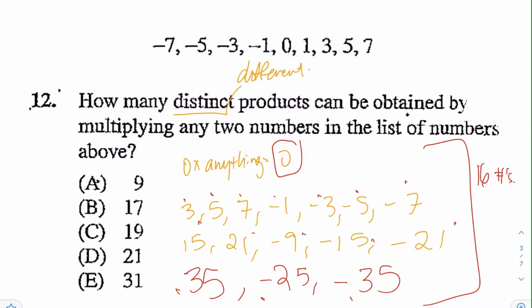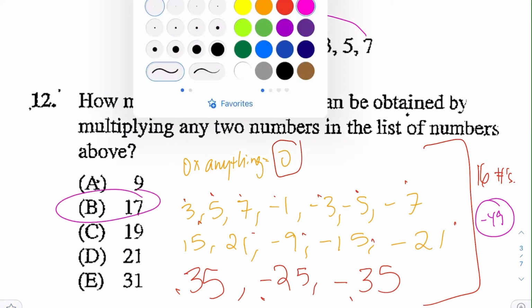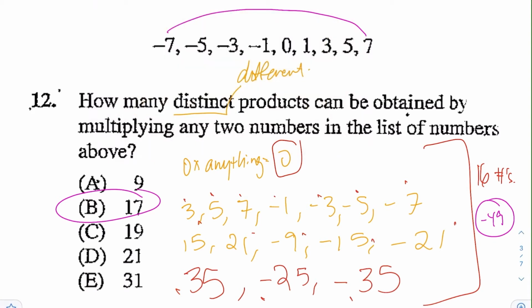So for the 7s, you already did 7 and 5, 7 and 3, etc. The only thing that is left is 7 and -7, which is -49, which is the final number, and that will give you 17 numbers, choice B. Barring any duplicates, that should be the answer here. So you basically have the positives and the negative versions of each of these pairs.